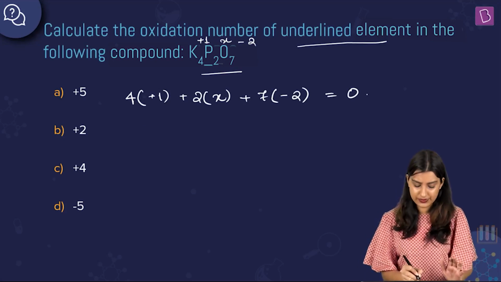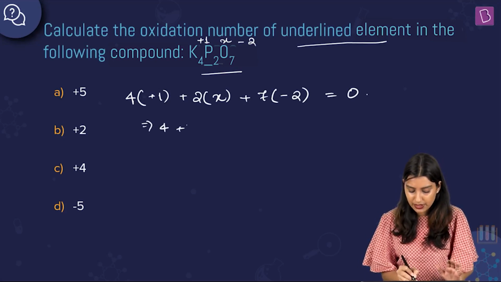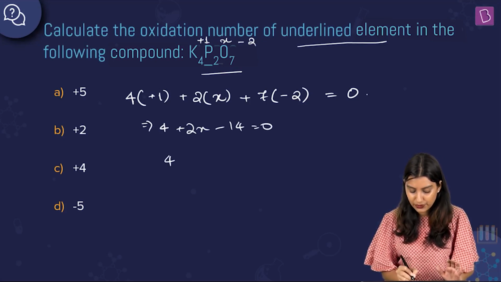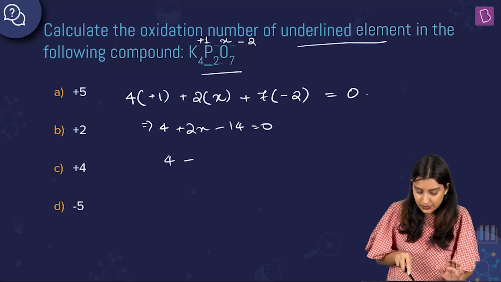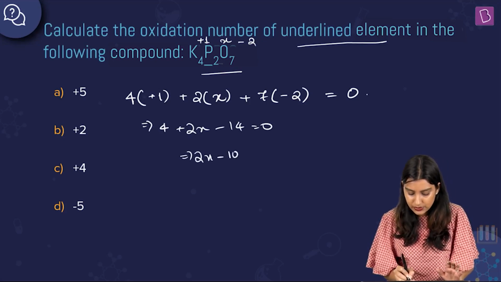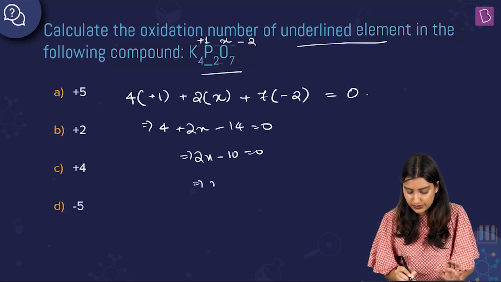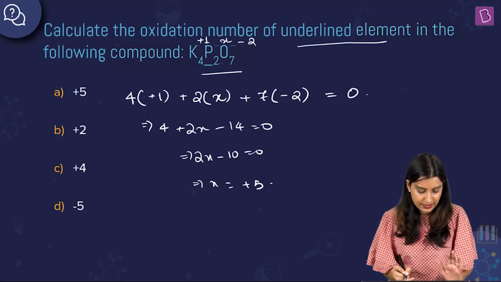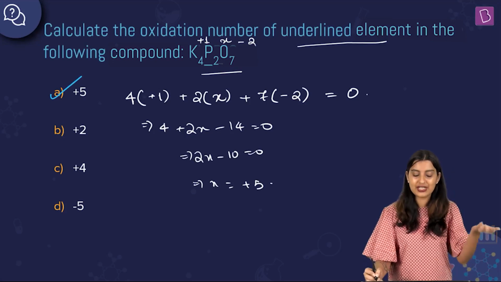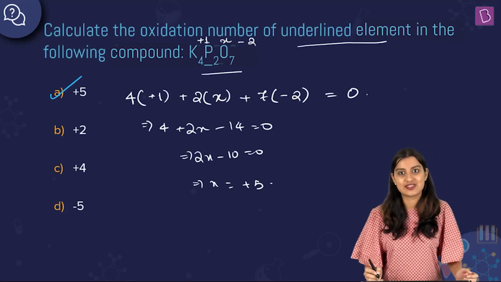So we have to solve for X. You have 4 plus 2x minus 14 is equal to 0. So you have 2x minus 10 is equal to 0. So x is equal to +5. And +5 is being suggested here in option A. So option A, +5, is going to be the right answer to this question.